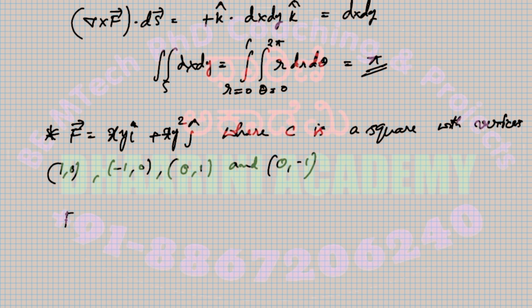So vector f dot dr should be equal to xy dx plus xy square into dy. Yeah, the complete coordinates are given.